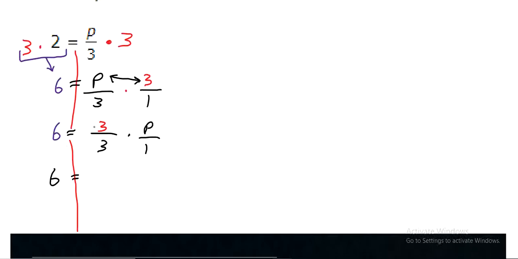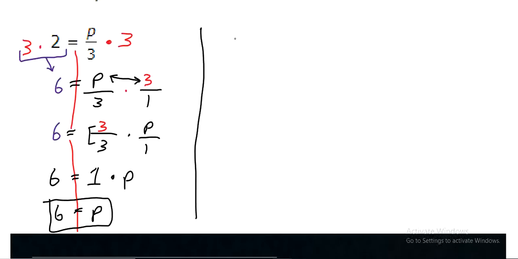6 equals, let's see, 3 divided by 3 is 1. P divided by 1 is P. 1 times P equals P. So 6 equals P. Little check over here.